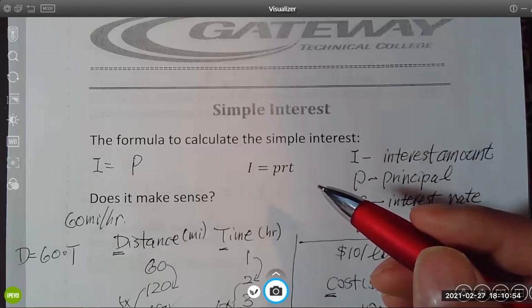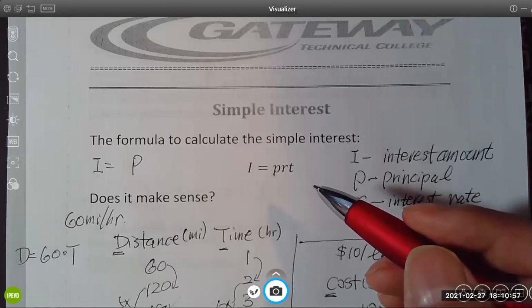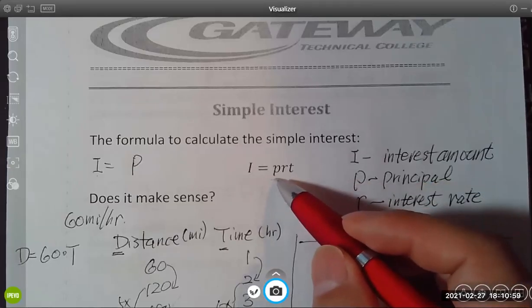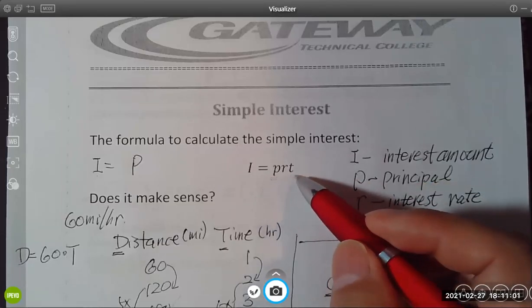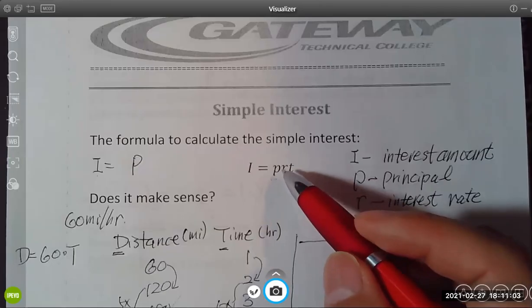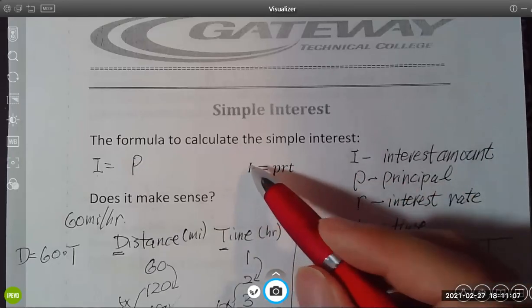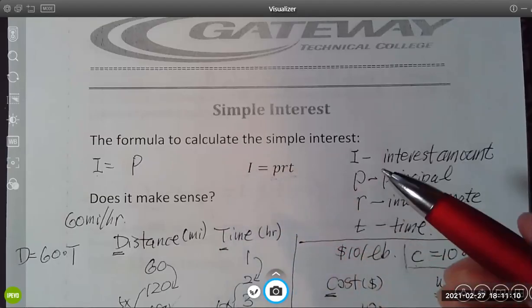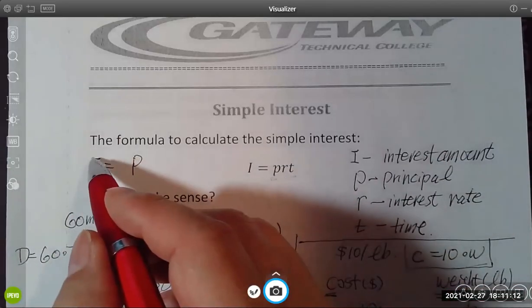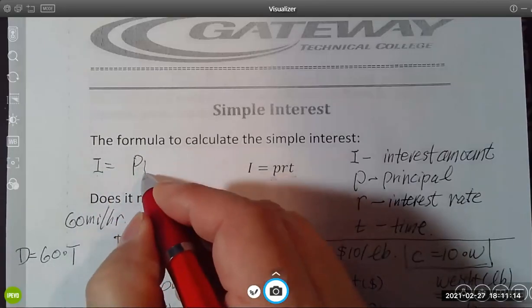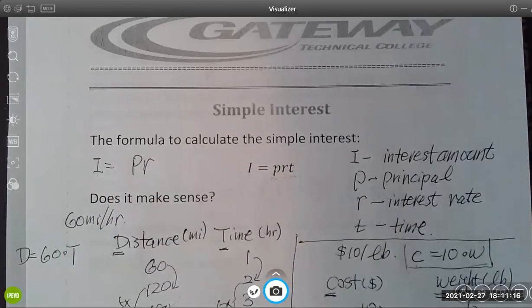Apparently, the bank who gives you the higher interest rate, right? In other words, everything else being equal, the higher interest rate you get, the higher interest amount you get. So interest amount is proportional to the interest rate. That's why we put interest amount on one side, interest rate on the other side.